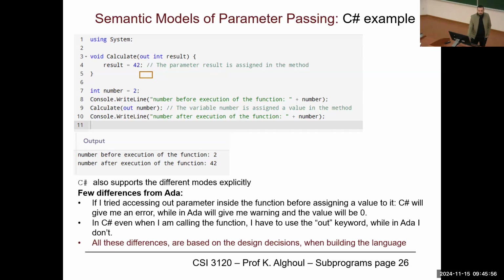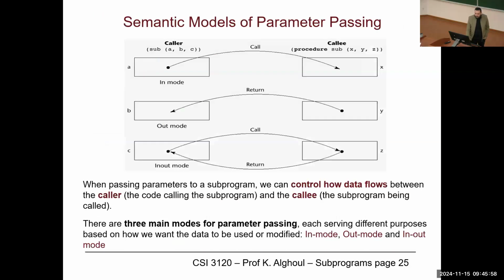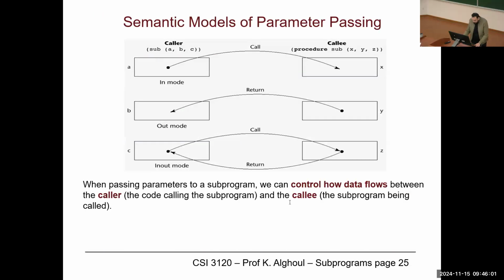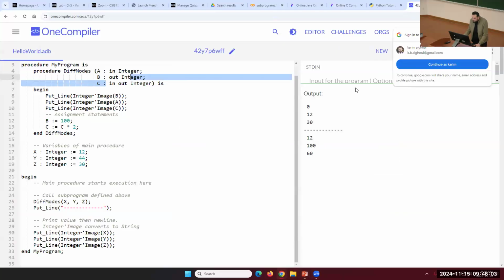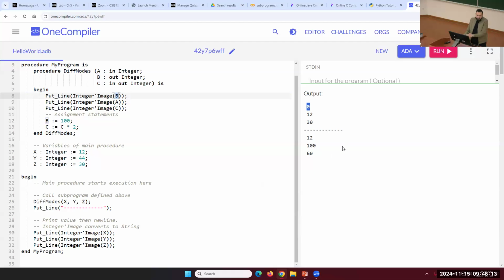Now, what else? Do you remember here, it gave you 0 if I tried to use B? It gives you 0, and usually a warning in a real compiler. In C#, it's going to give you an error: no, you can't use this B, what are you talking about?